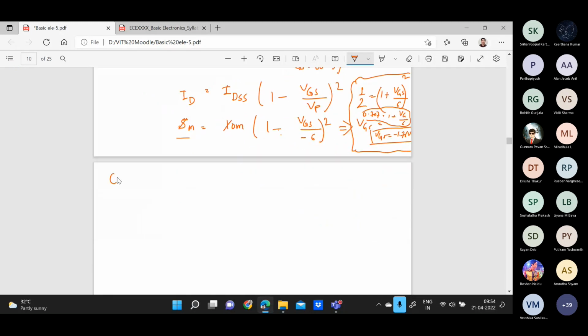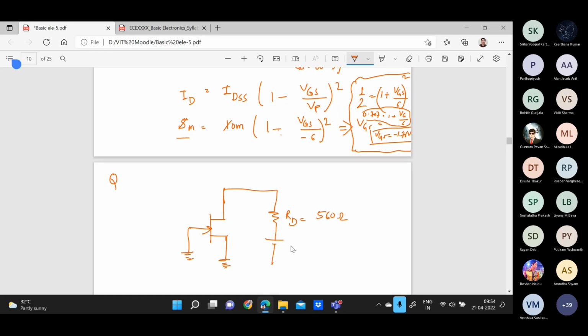Now you see the second question from here. For example, they have given one circuit, like this. And here they have given the value of RD. RD they have given as 560 ohms.